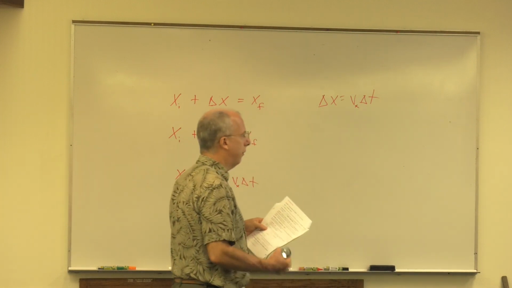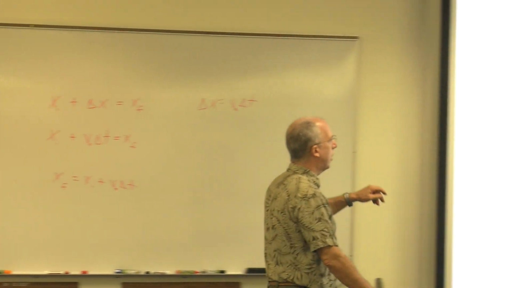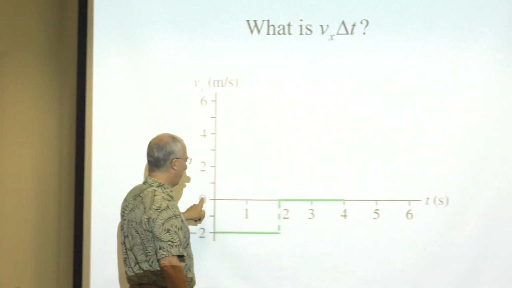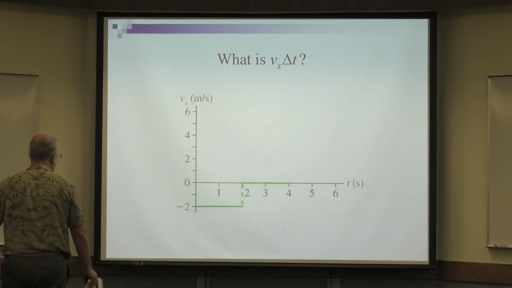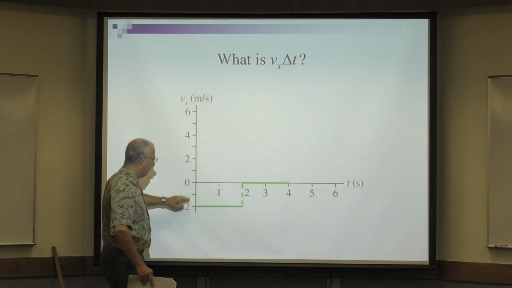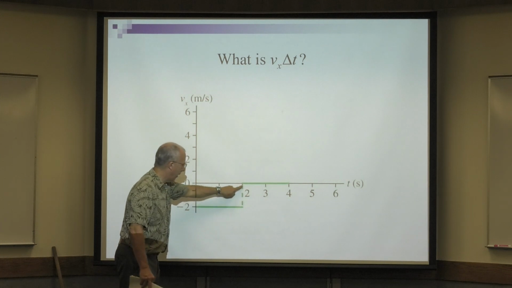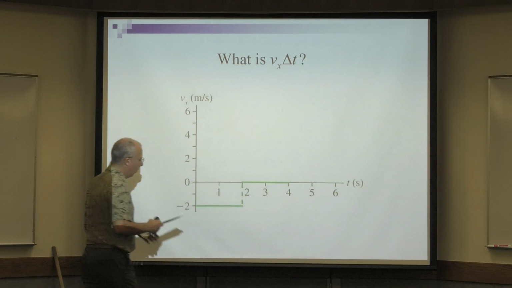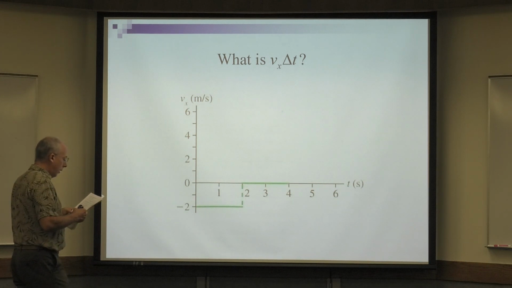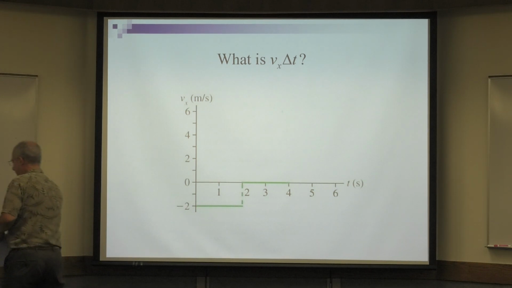Now let's graph. This is the velocity versus time graph. Here I have this green thing drawn.